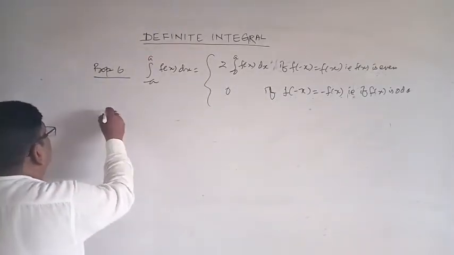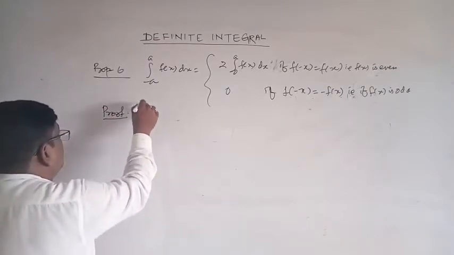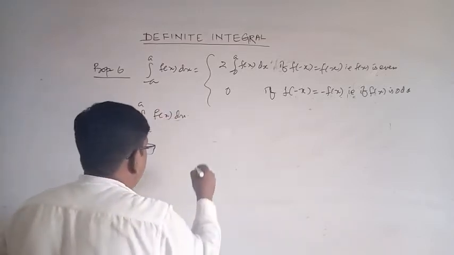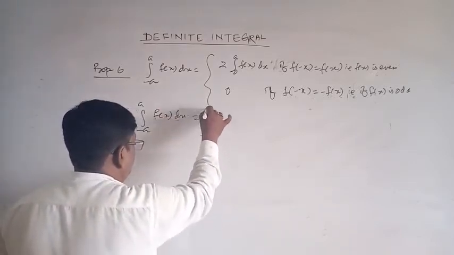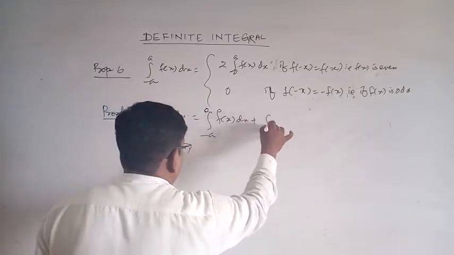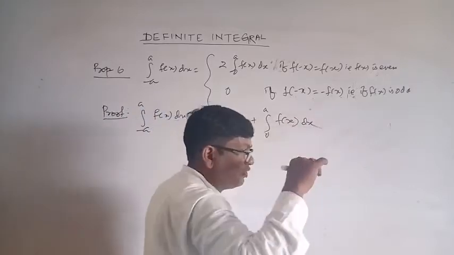Now the proof of property number 6. The integral from minus a to a of f(x) dx can be written as the integral from minus a to 0 of f(x) dx plus the integral from 0 to a of f(x) dx, by property number 3.